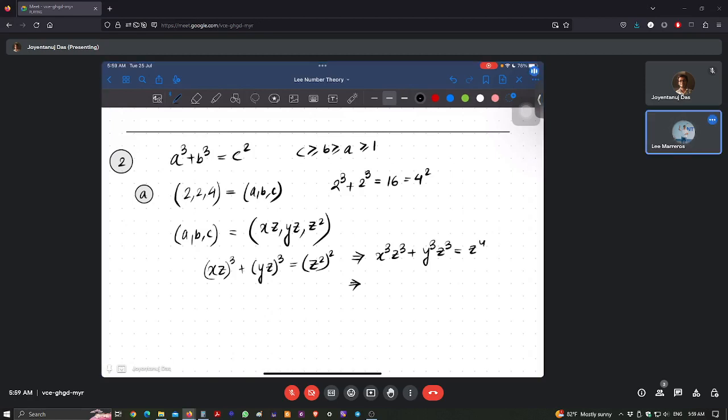So I can cancel z cube from both sides. Then I have x cube plus y cube equals z, right?